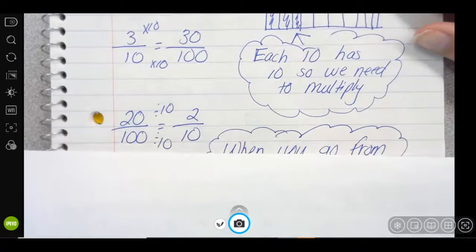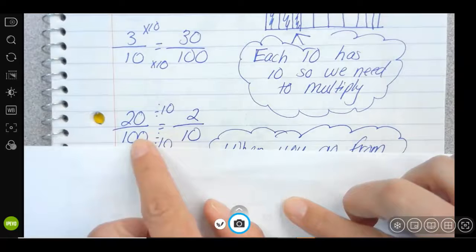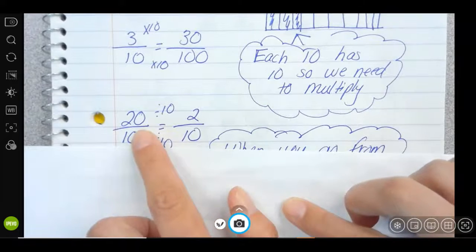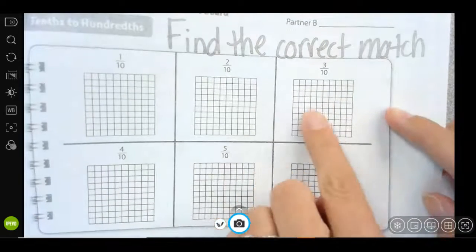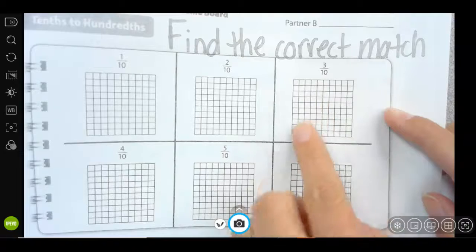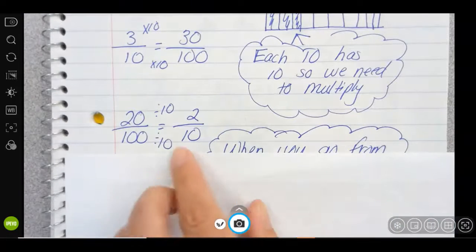Okay, let's say we had 20 hundredths, so 20 of the 100 little pieces. So basically it's something that looks like this, right? There's 100 pieces in here and 20 of them would be colored in. So 20 hundredths.